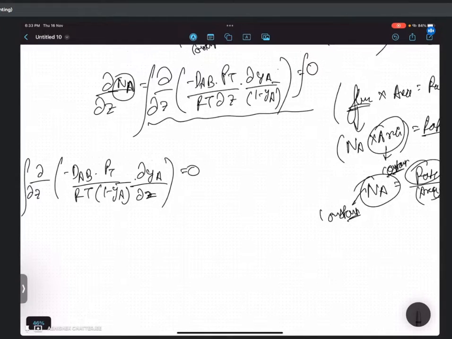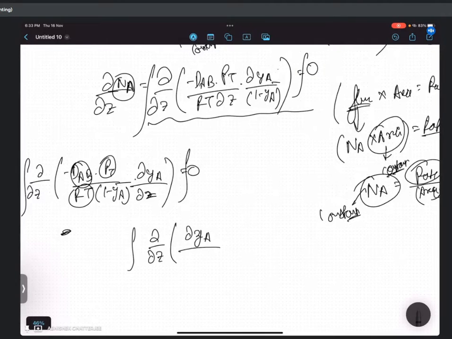Once you integrate it, these quantities are constant only, so you can directly put it equal to 0 by taking it to that side. The only thing you will be left with is the integration of d by dZ of dYA by dZ and 1 by 1 minus YA, that is equal to 0. You will be left with only this.